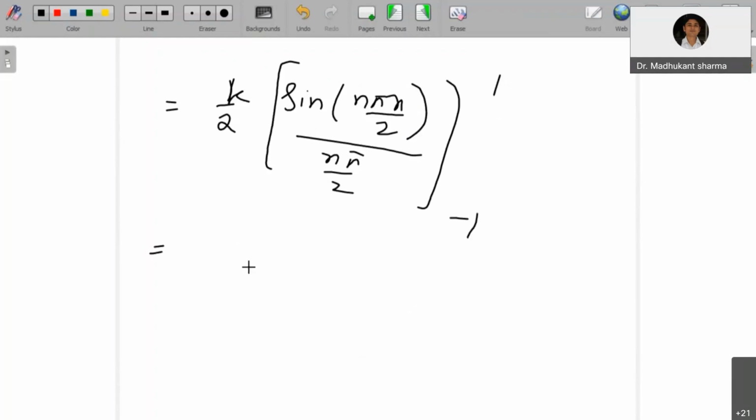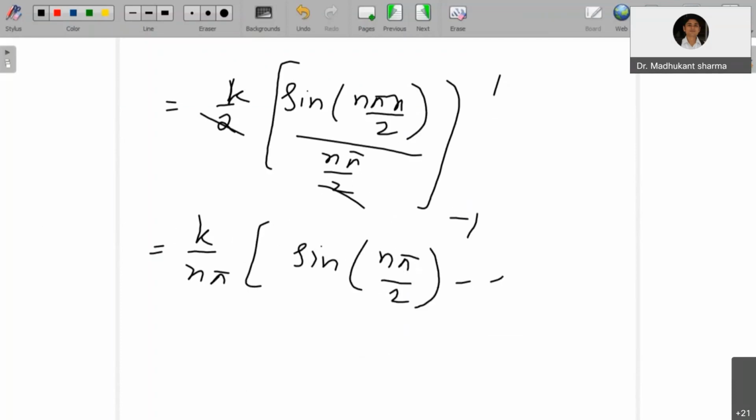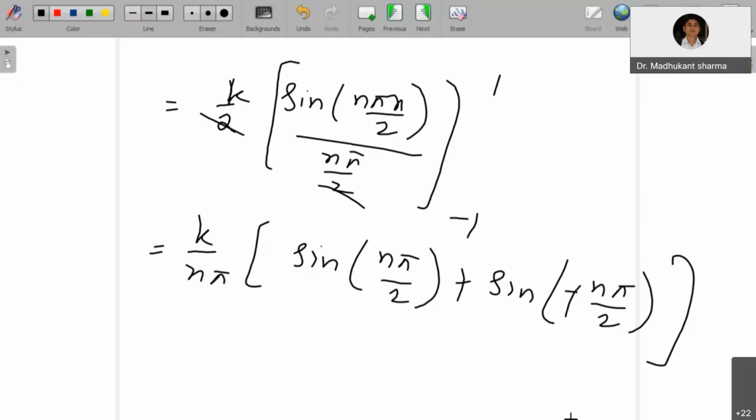So these 2 will get cancelled, giving k by n pi times sine of n pi by 2 minus sine of minus n pi by 2. Since sine of minus theta is minus sine theta, you have 2k by n pi times sine of n pi by 2.